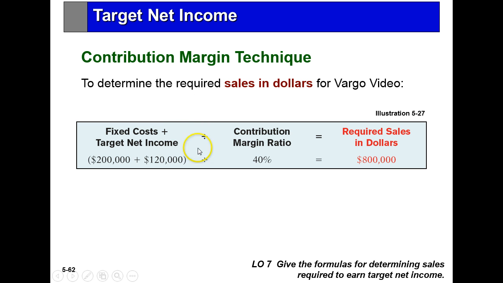Here, if we deal with it in dollars, we take our fixed cost plus our net income, divide that by this contribution margin ratio. After our variable cost, what we have left in order to apply towards fixed cost plus our income is how we come up with how many dollars in sales we need.